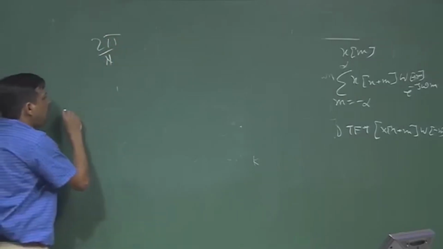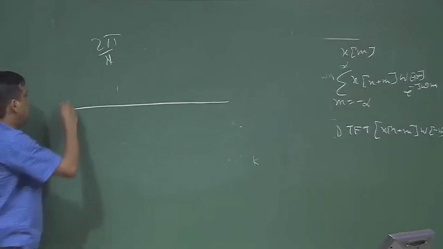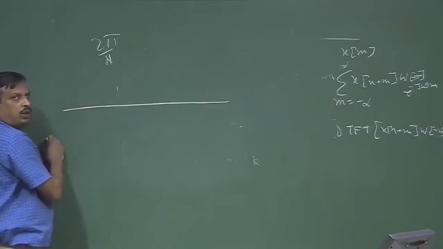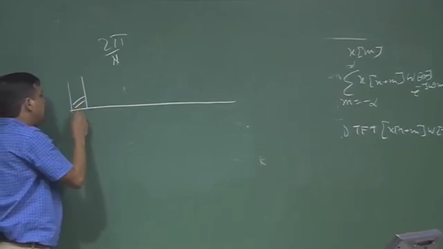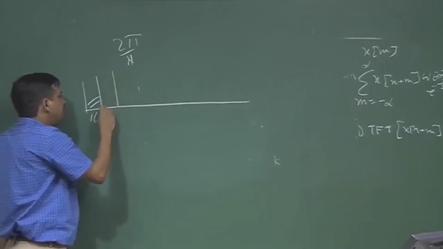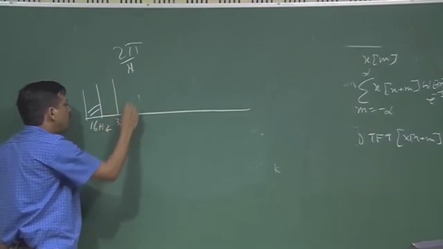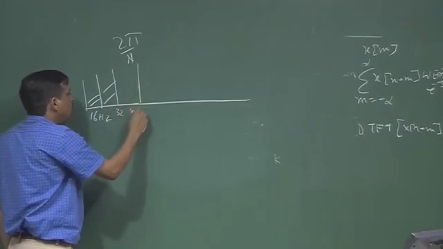So, if I have a 16 kilohertz signal, 16 kilohertz is the sampling frequency, and N equal to 1 k, then every band is nothing but 16 hertz. So, this is 16 hertz, this is 16 to 32 hertz, this is 32 to 48 hertz.